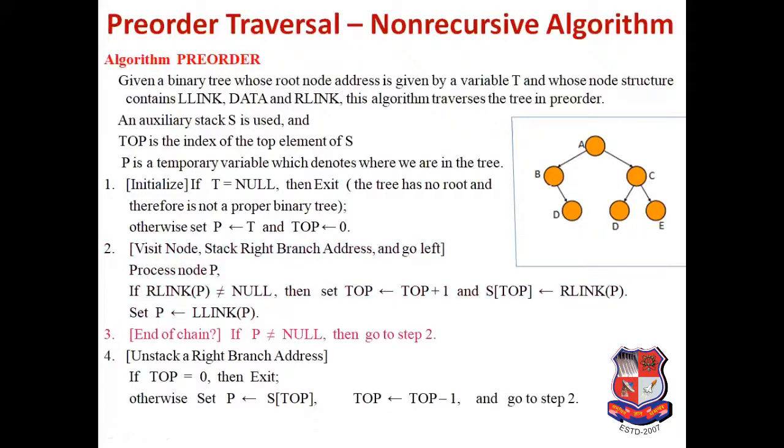As soon as P is null, we can't say that we don't have any node to traverse. What we do is retrieve the node from the stack and process it. But if P is null and we don't have any node on the stack, then we can say that there is no node to traverse. That means we have traversed all the nodes.